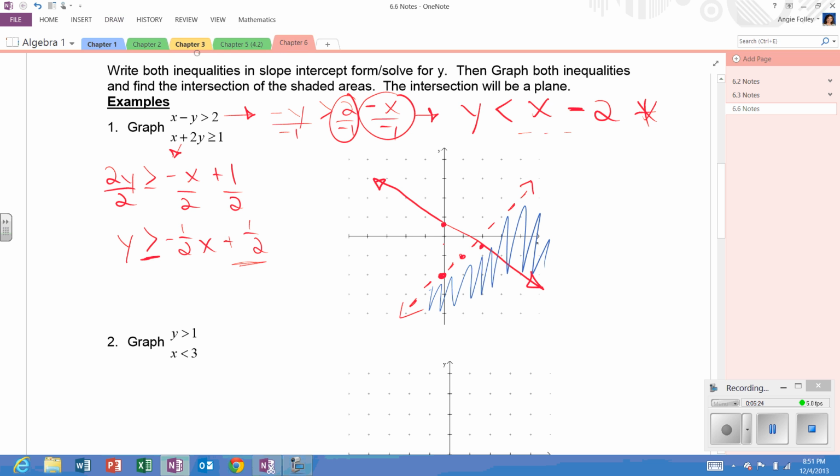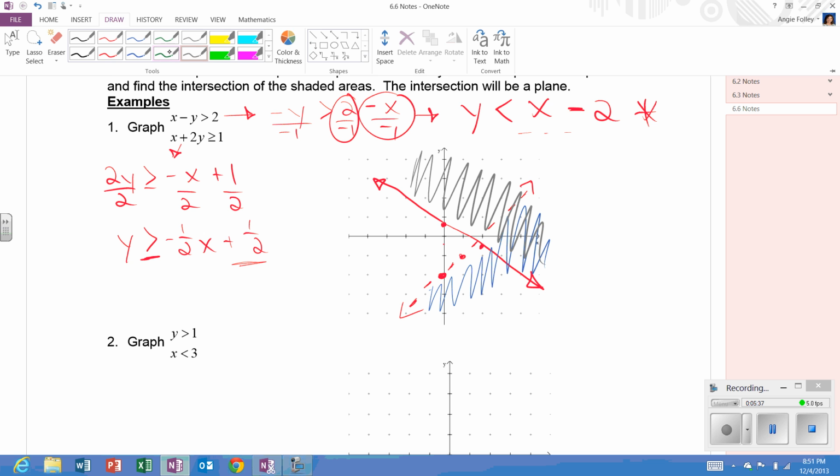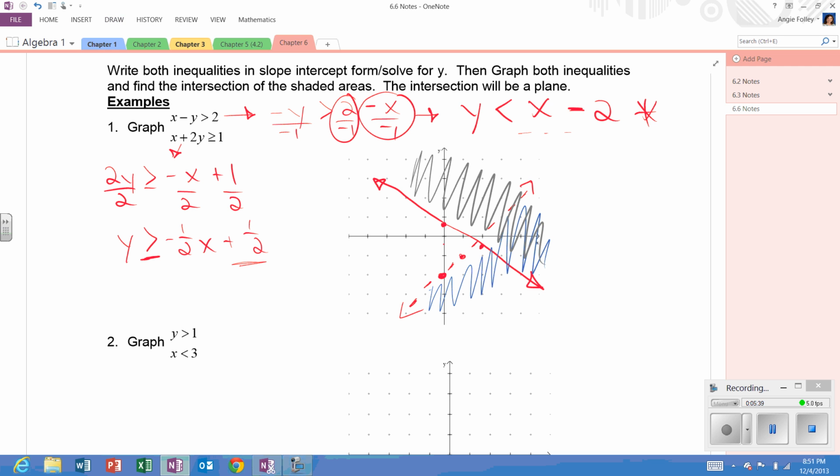Let's pick gray. For the other equation, it's y is greater than, so it's everything up here. Well, where do they intersect? Let's pick a different color. The part where they intersect is actually only all of this. So technically, we would only shade all of this.